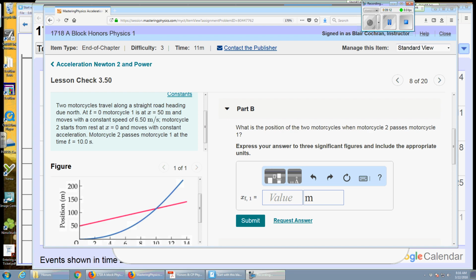Okay, all right, so number 8, where we've got the 2 motorcycles along a straight road, and it shows the position-time graph and things like that.